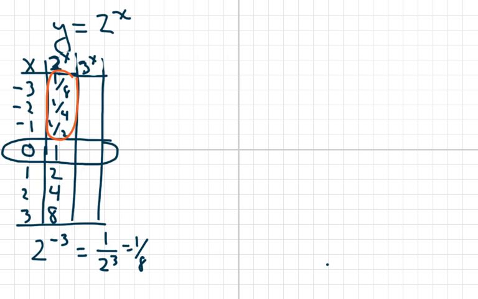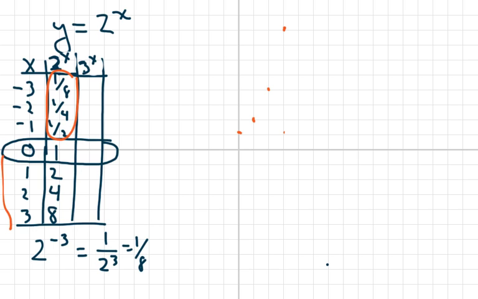Okay? So if I'm going to graph this, I'm going to start down in here and do this part first. So 0 goes to 1, 1 goes to 2, 2 goes to 4, and 3 goes to 8. Now, if I graph this, it goes like this.